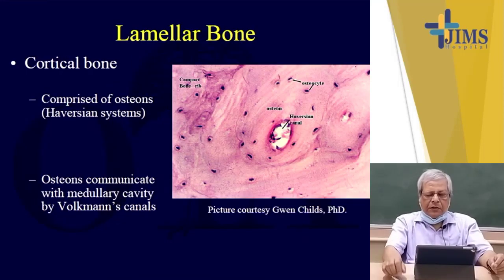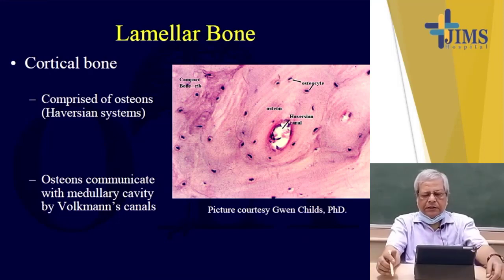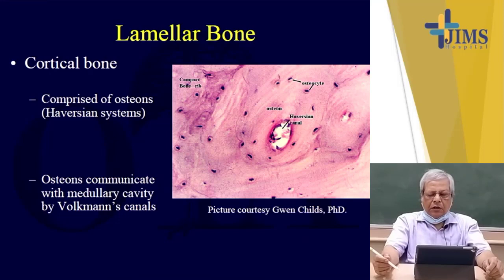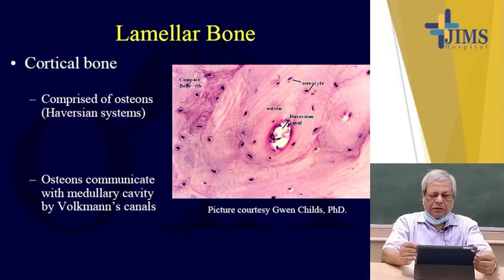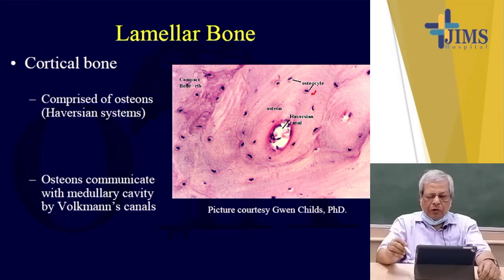This is the photograph of a lamellar bone, or cortical bone. There are three types of bone cells: one is an osteocyte, one is an osteoblast, and another is an osteoclast. Osteocytes are resting bone cells here. This cortical bone is comprised of osteons.